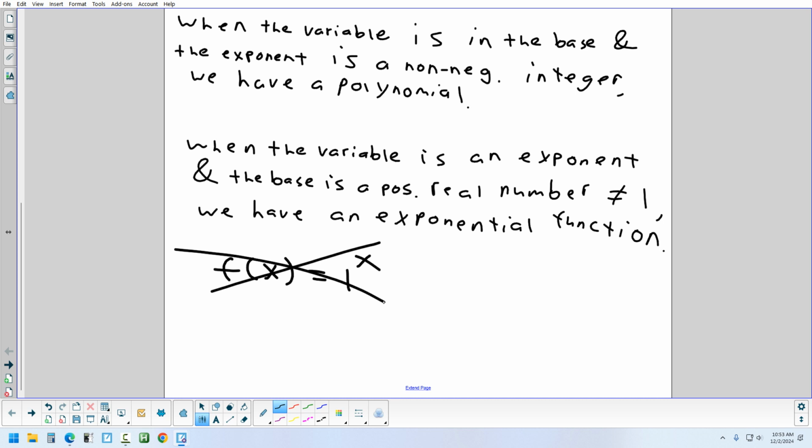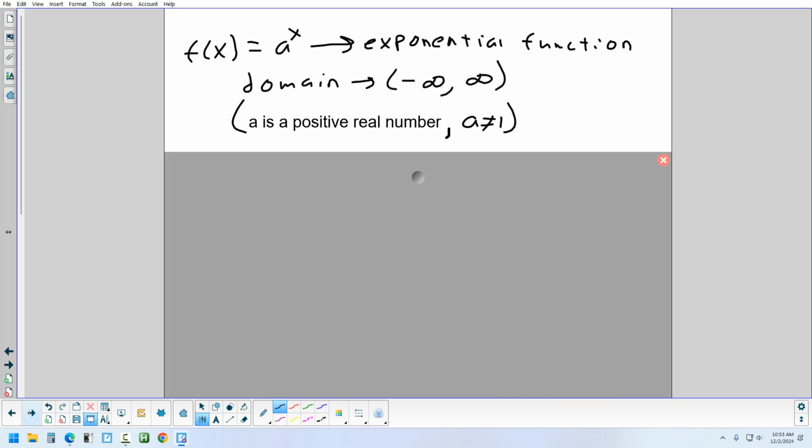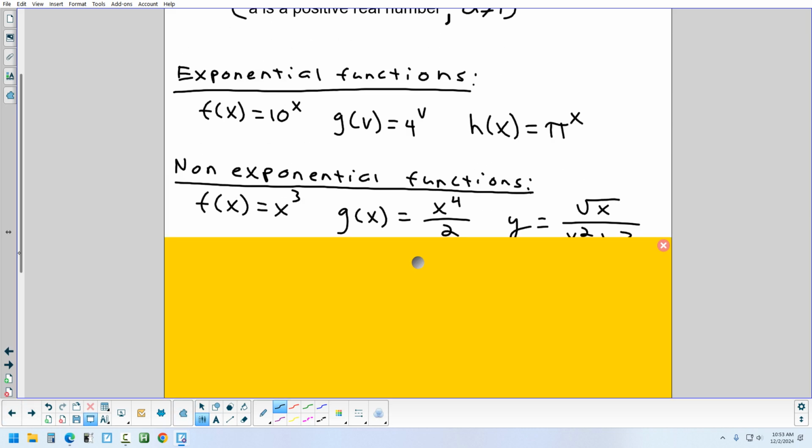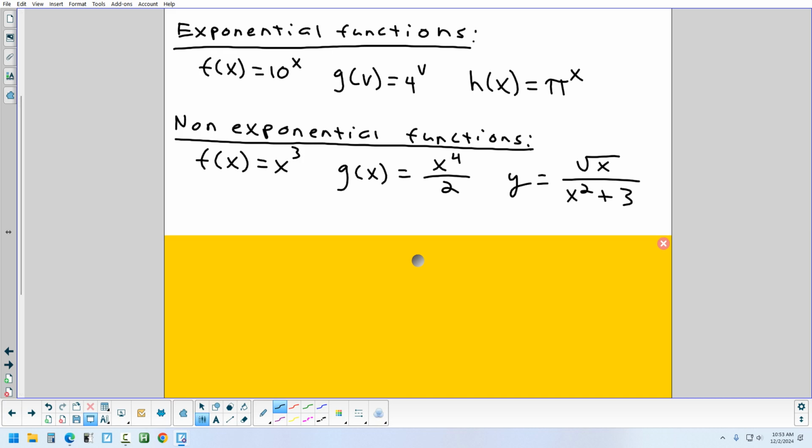And I've got a few more examples I'm going to give you right now that show you things that are exponential and things that are not. So let's start by looking at some things. Okay.